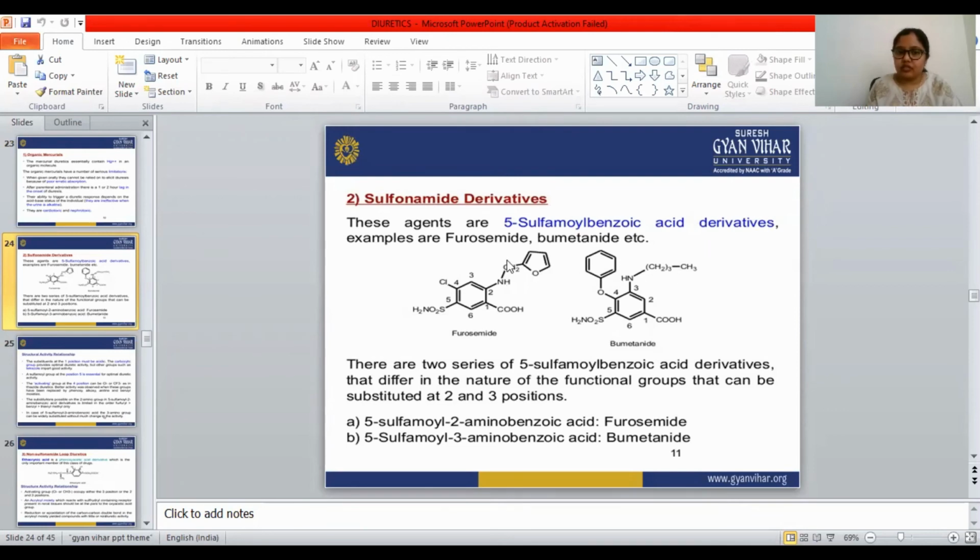In this, there are two series of the 5-sulfonyl benzoic acid derivatives that differ in the nature of the functional group substituted at the 2 and 3 position.